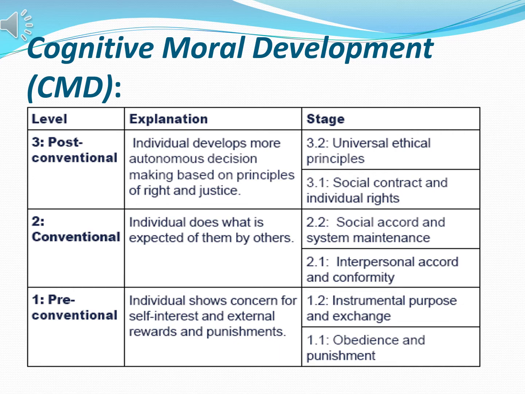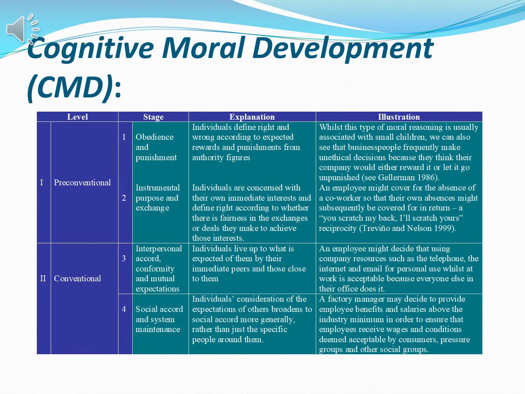So instrumental purpose and exchange, and obedience and punishment. If there is a punishment for something, you will act accordingly. If there is a reward, your decisions are driven by punishment and reward.